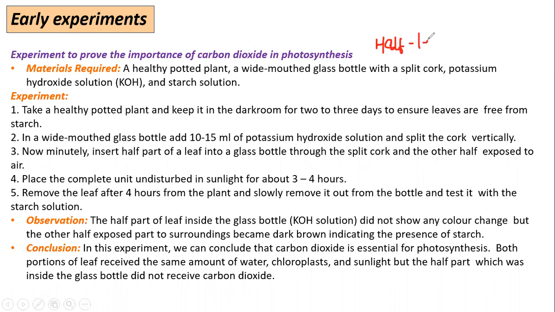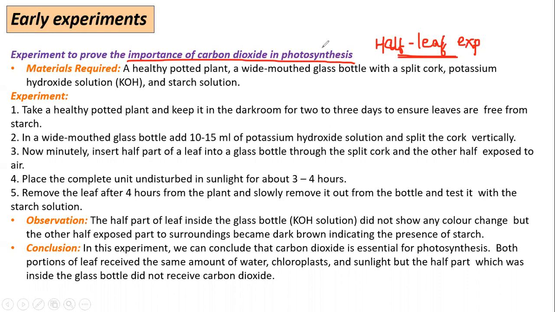H-A-L-F, half-leaf. The same meaning which the term suggests, that half part of the leaf is going to prove this experiment. And what is the importance of the experiment? You are going to prove that carbon dioxide is an essential component for photosynthesis by this experiment.